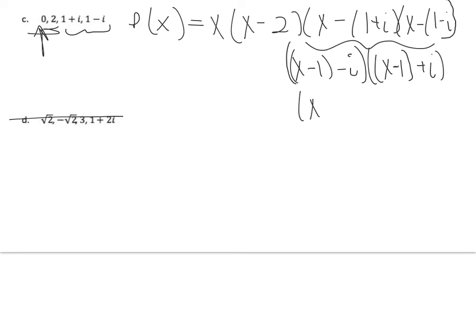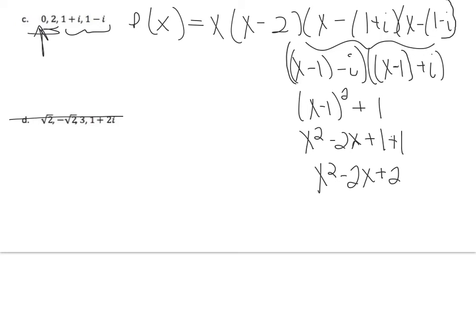So I get x minus 1 squared plus 1. That gives me x squared minus 2x plus 1, x squared minus 2x plus 2.